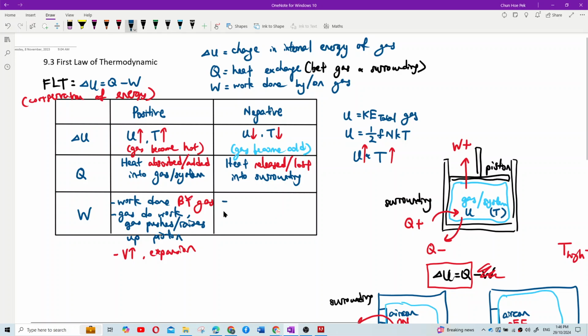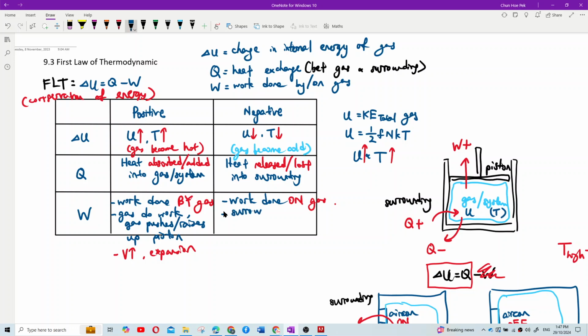This is work done on gas. Work done negative means work done on gas. That means this is who do the work? Gas do not do the work. Surrounding is, I mean we can say gas. How to say?